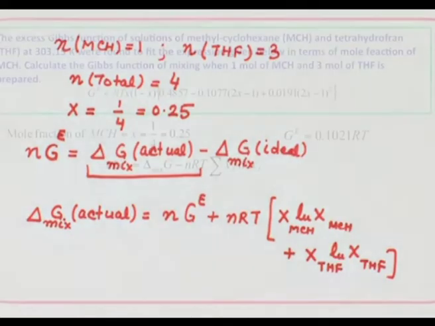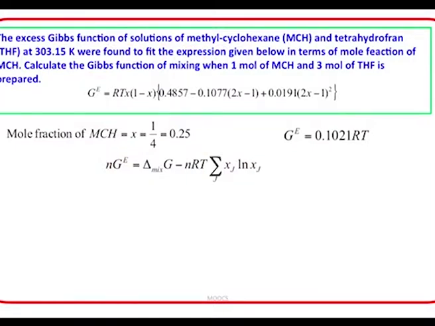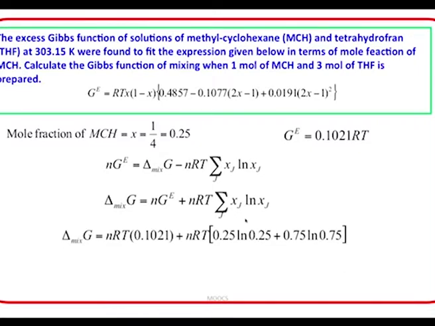Let's go to slide now. This is what I was discussing, that we can use this general equation for excess function. N is to be introduced to account for the total number of moles, is equal to the actual experimentally determined delta G mixing minus that for the ideal one. And after substitution we have arrived at this equation. And we know that GE is equal to 0.1021 RT.